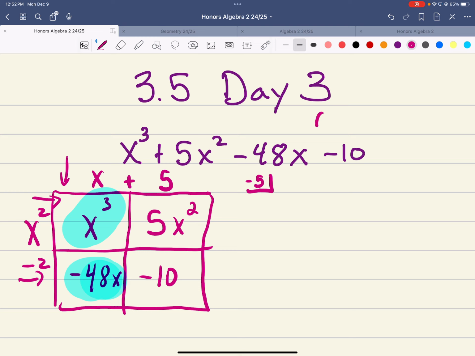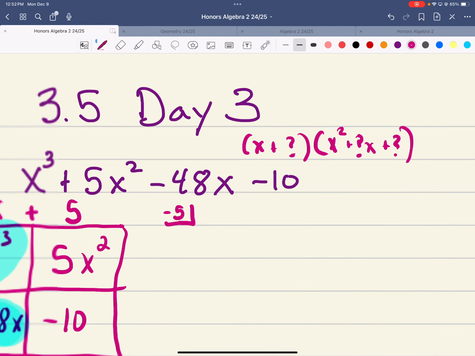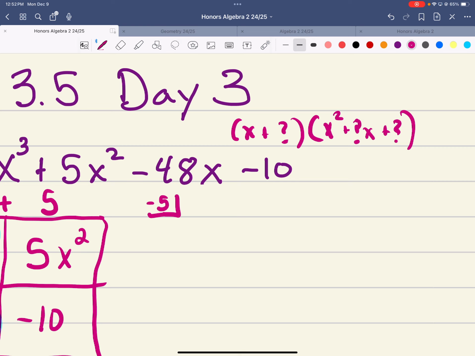If I were to set this up, we have to have x plus something, and then that gives us x squared plus something x plus something. It has to be in this form, and obviously the question marks aren't all the same thing. What do we know about the last two, this question mark here and this question mark here? They have to multiply together to be -10.